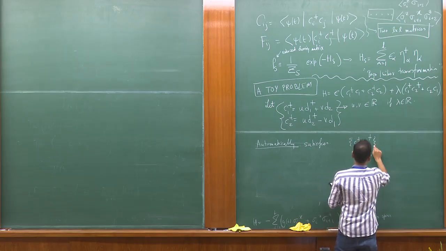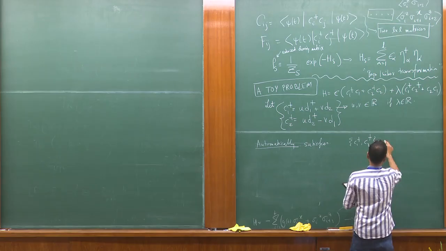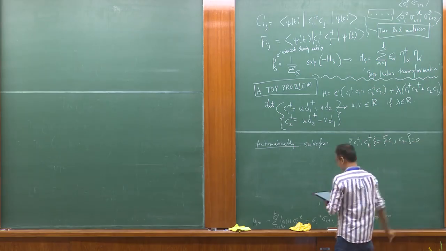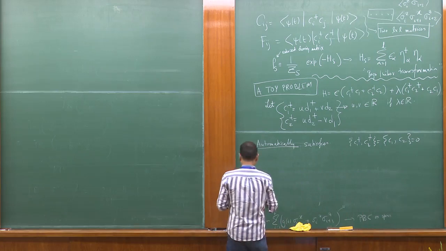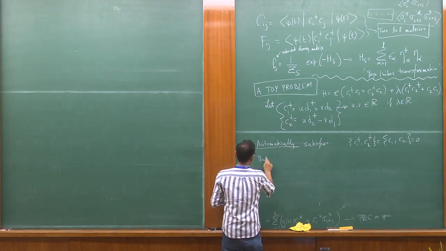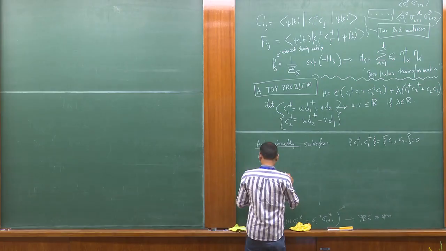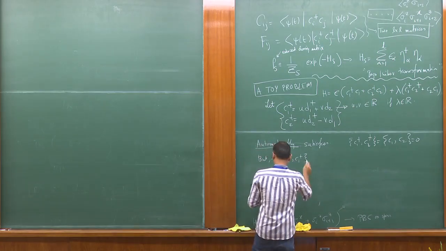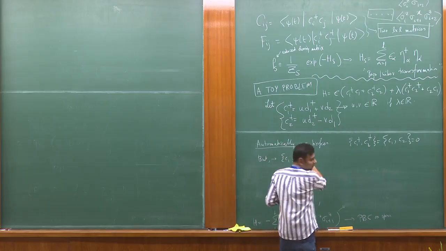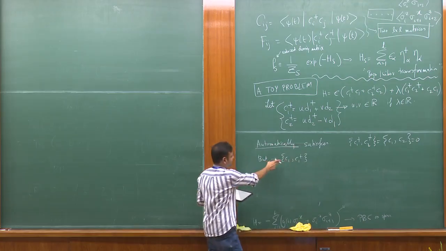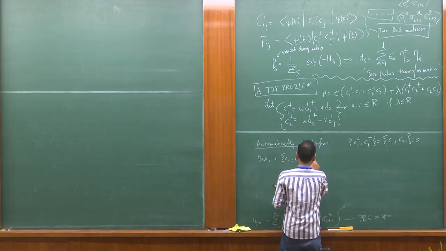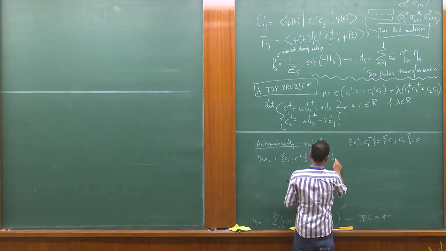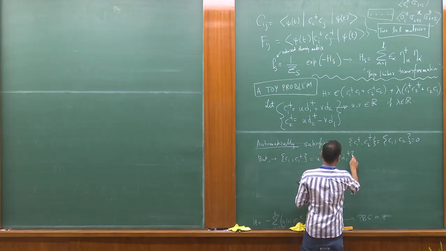C2. These are anti-commutation relations. It automatically satisfies this. But if you want to do the following, let's say the anti-commutator of C1 and C1 dagger, that should be identity, right? Then, if you just plug this in, you'll get something like this.